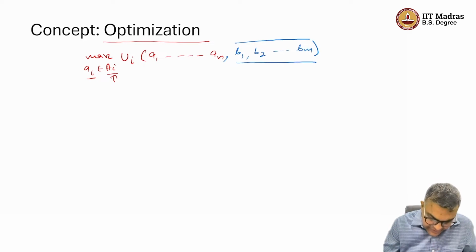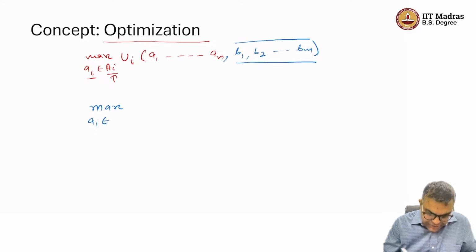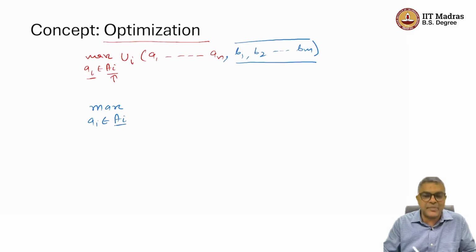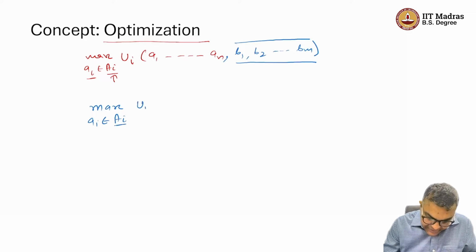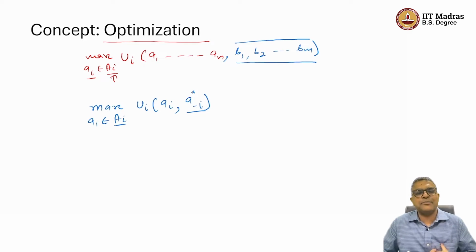So we will take what others are doing as an environmental parameter for player i, the decision maker i. We can write the optimization problem for this player as maximize with respect to a_i, such that the action he takes belongs to his available set of actions, where he chooses a_i, and what others are doing is given by the deleted action profile or deleted strategy profile.